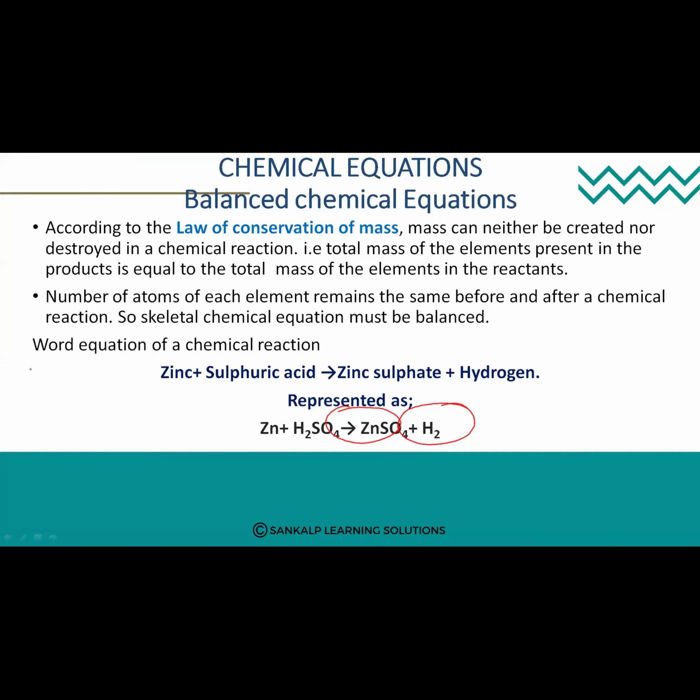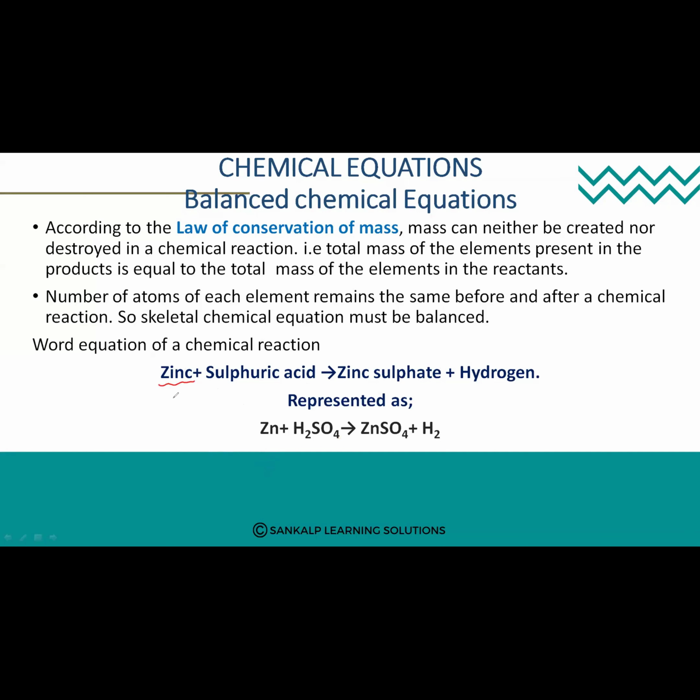Now here you can see the word equation of a chemical reaction is given. That is, zinc reacts with sulfuric acid to give zinc sulfate plus hydrogen. How can we represent it? We write the notations.